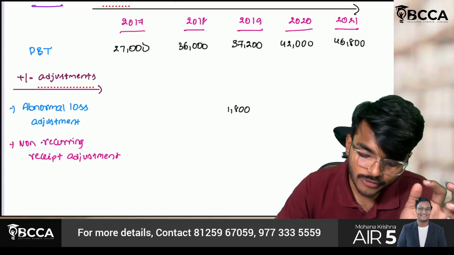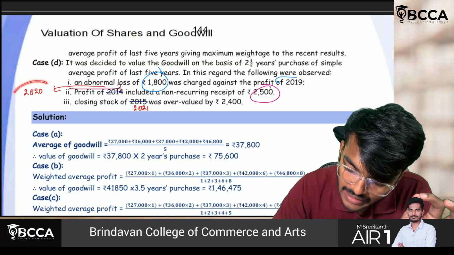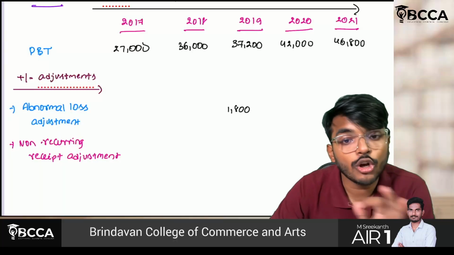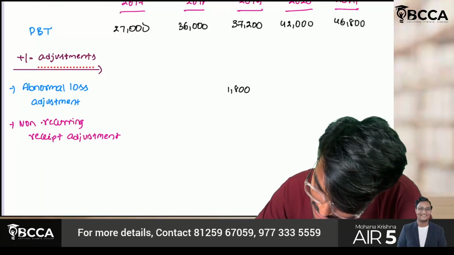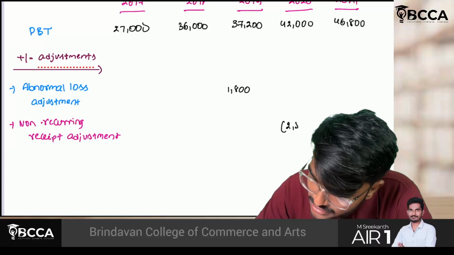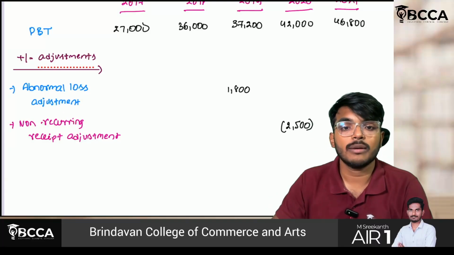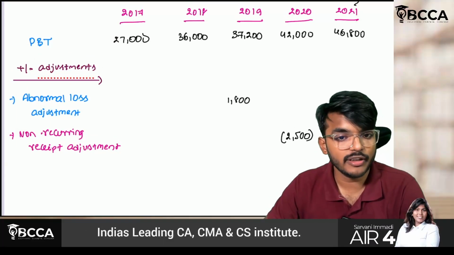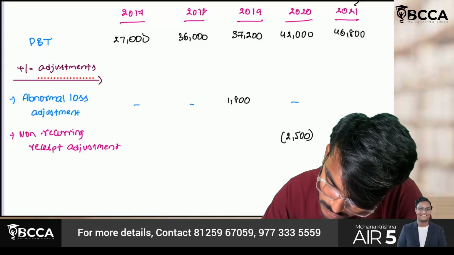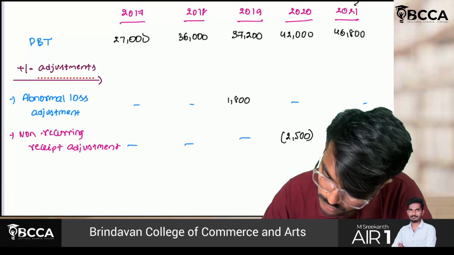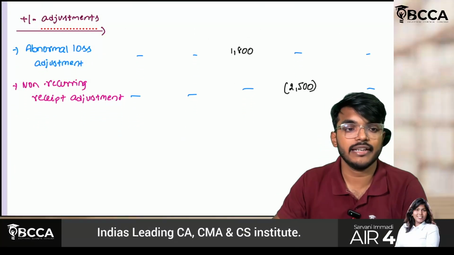So you have to make an adjustment, and that 2500 will not be repeated in the future. So what I have to do, sir, I have to deduct this 2500 rupees from the 2020 profit. Yes, sir, we have exactly understood what you are trying to say.